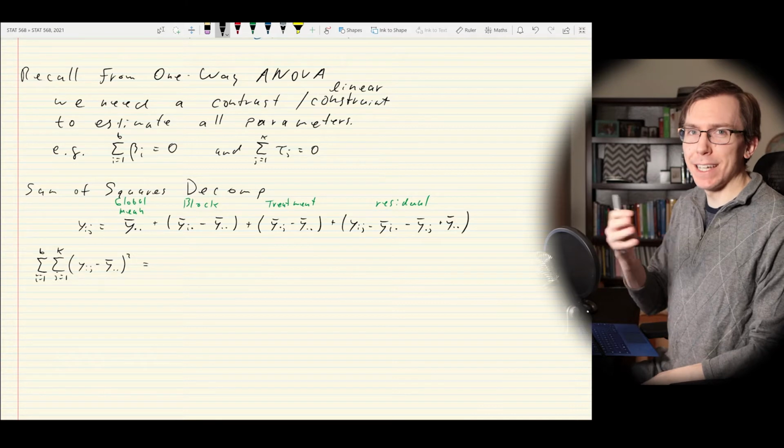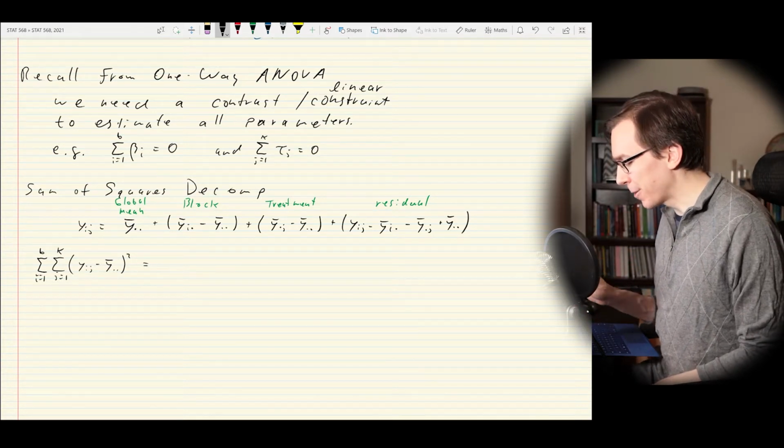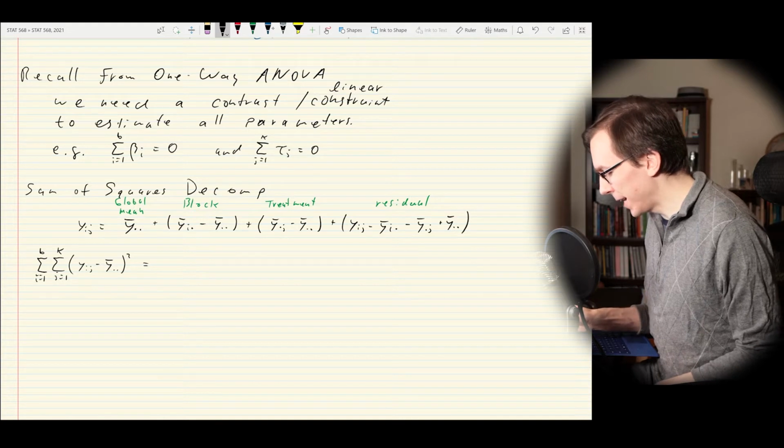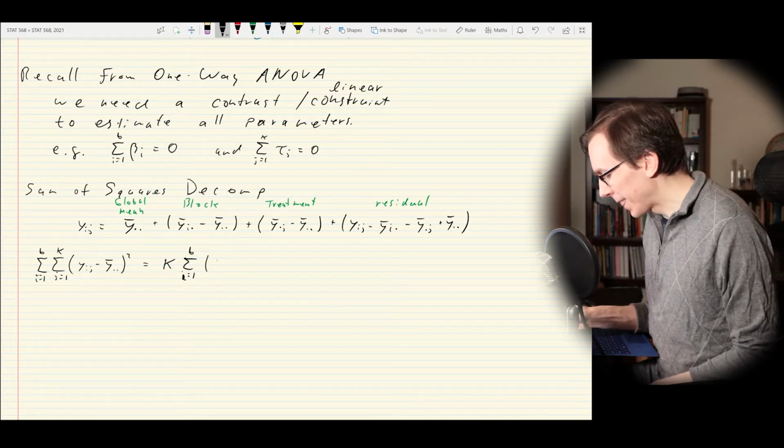We've already, in some sense, averaged over index j in that second term here. So what we end up with is just a k times the sum of i from 1 to b. It's super easy to mess up the indices here. So let's see if we can get through this together without making too many mistakes.